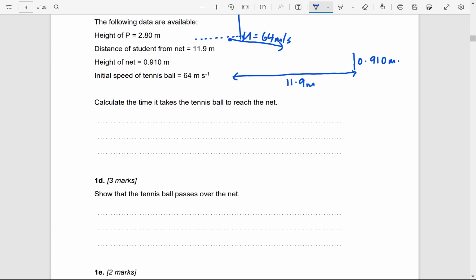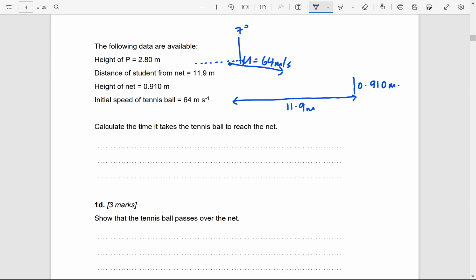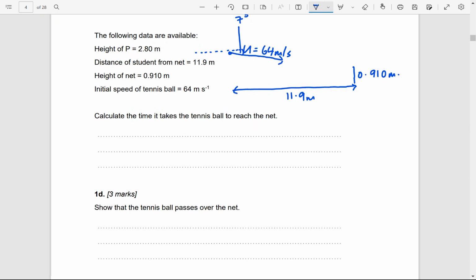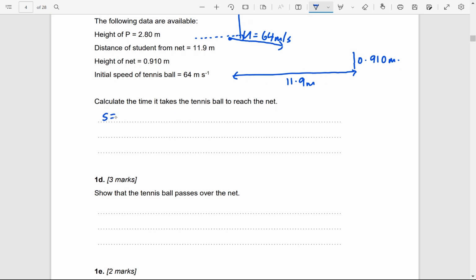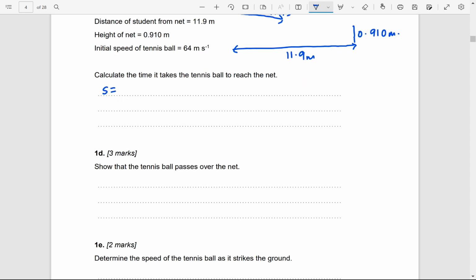Right. So to work out the time taken to reach the net, it's actually distance equals speed times time. Because if we don't have any air resistance, and we would always discount air resistance unless we're told otherwise, then everything on the x-axis is staying the same. So we're trying to find the time taken.